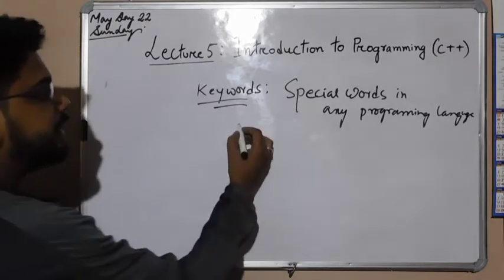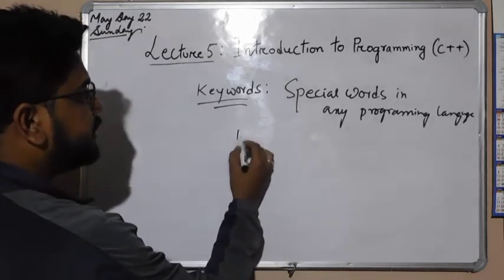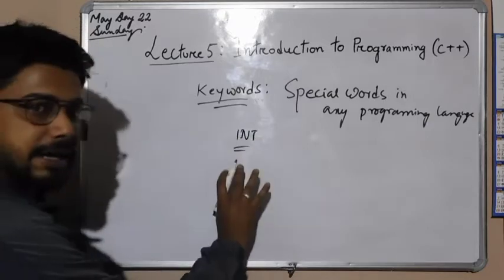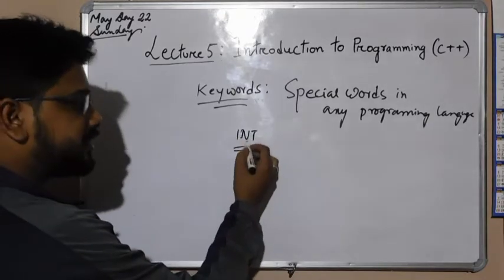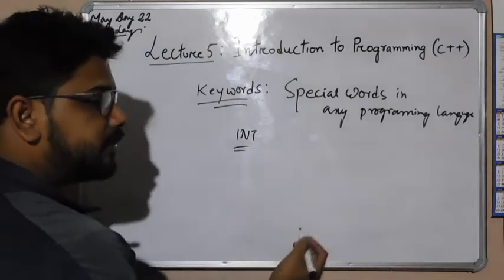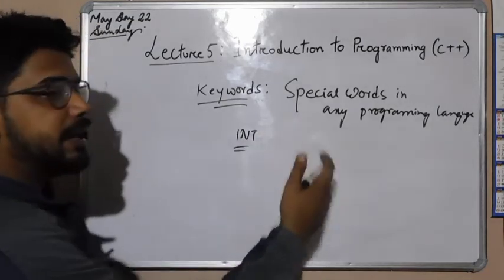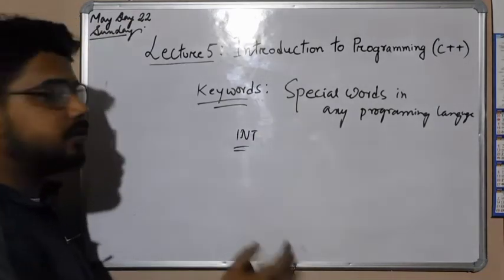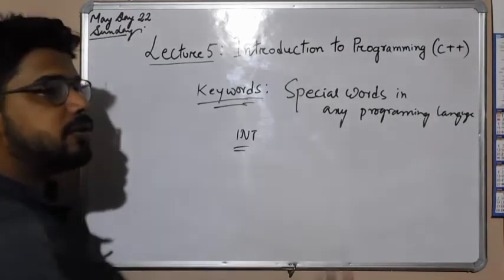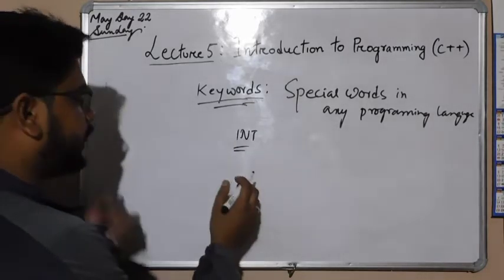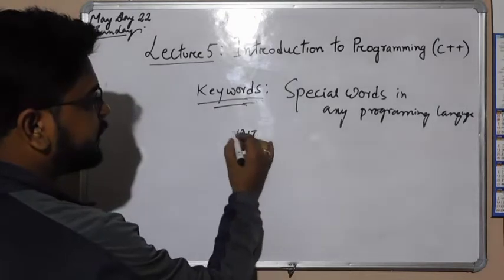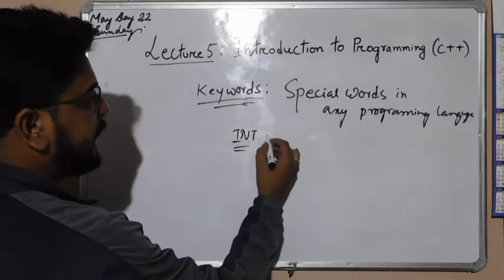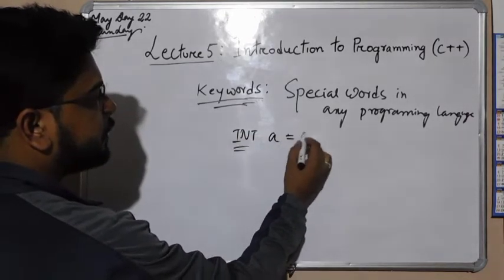For example, there are many keywords. Let's say int. I know it is a data type, but this is a special keyword. What I mean to say is that you cannot use these keywords according to your wish. It has a specific function only. For example, let's say I want to create a variable int a equal to 5.